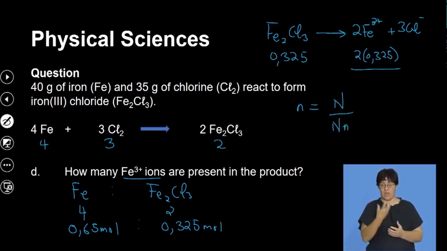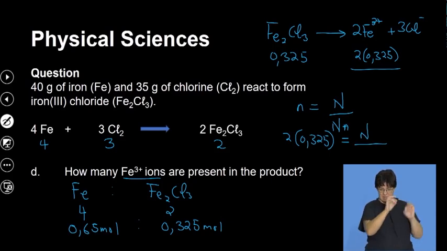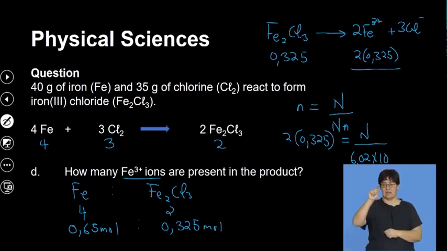So we've got 2 multiplied by 0.325 equals the number of Fe3+ particles divided by 6.02 times 10 exponent 23, which is the Avogadro number. So the number of particles is actually a product of that.